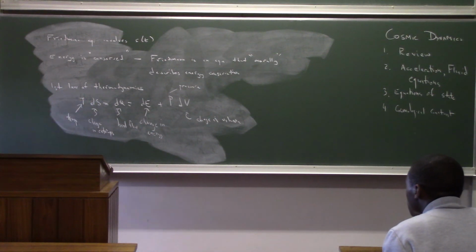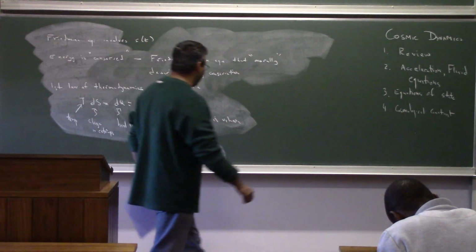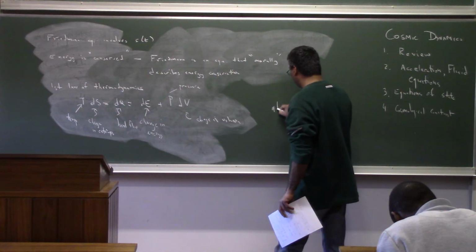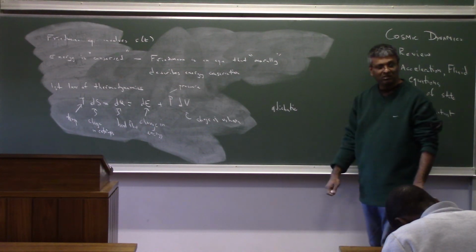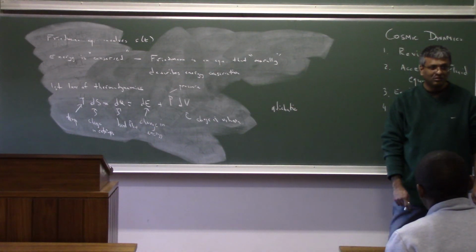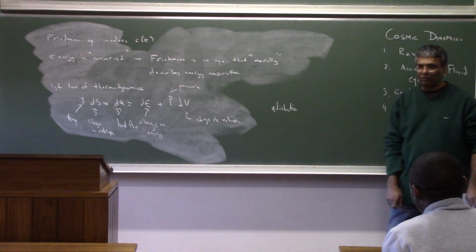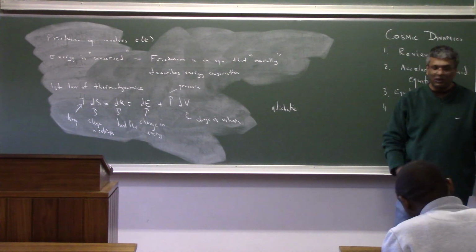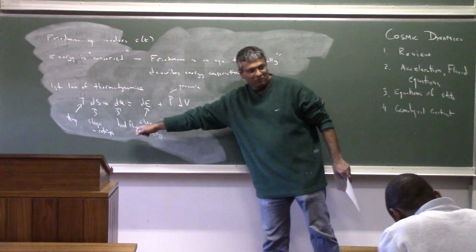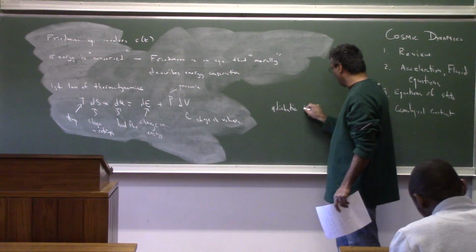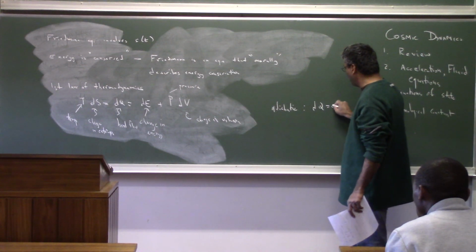So there's certain processes in physics called adiabatic processes. So what happens in an adiabatic process? What's an adiabatic process? Okay, so an adiabatic process is a process in which there's no heat flow. So dQ equals 0.